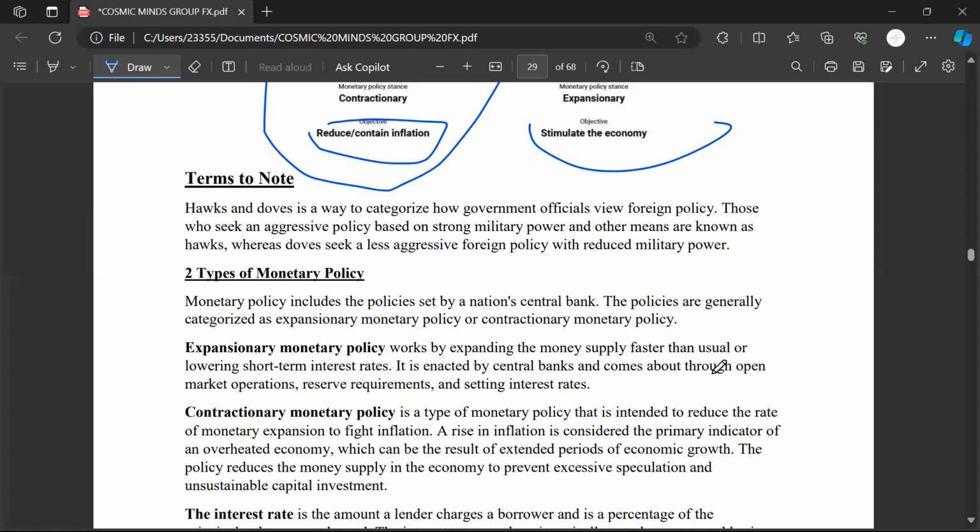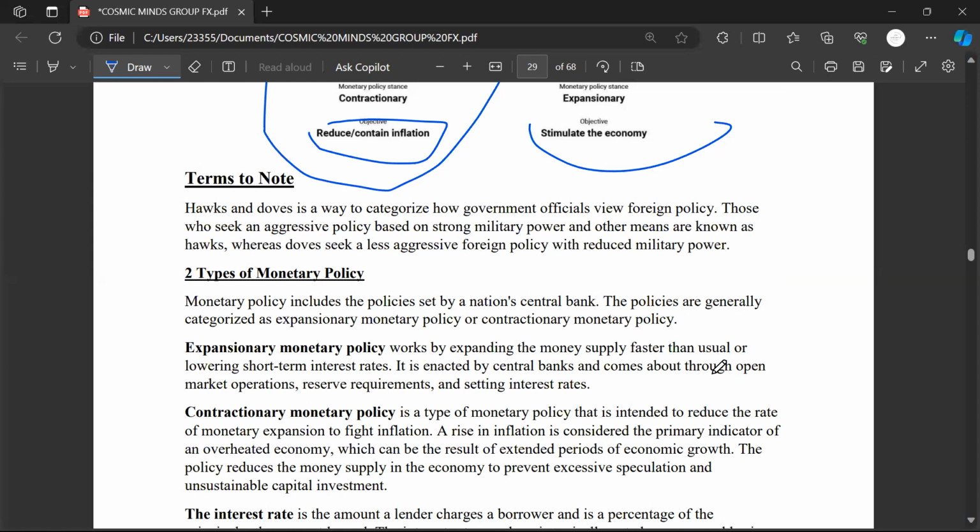So what it means is that hawkish wants the economic system to be lively, more economic activities, more money, more investment, and all that. That's their aim. And then dovish wants the overheated economy to calm down, right? So that is what they do. So the terms hawkish and dovish are taken from the basic terms hawks and doves, right?